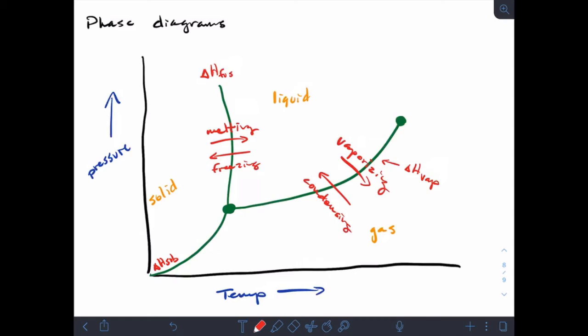And across my solid gas line, if I go this direction, I'm sublimating, right? The transition from solid directly to gas is sublimation. And if I go the other direction, we have what's referred to as deposition.